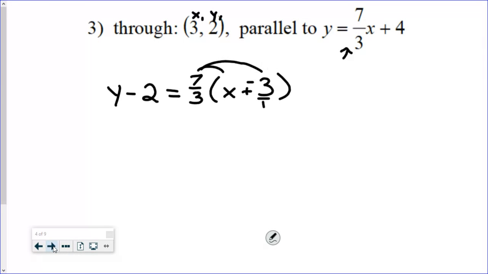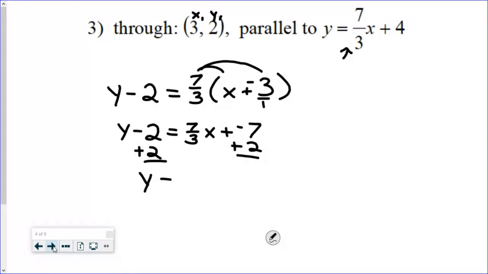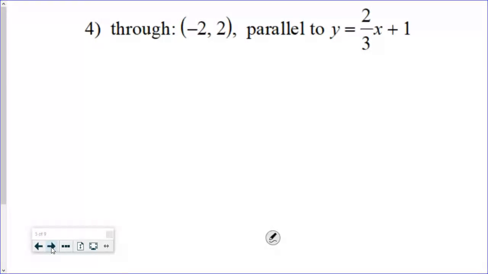Distribute. y minus 2 equals 7/3 times x plus, if you put that in your calculator, it becomes -21/3, which is actually just -7. And then I'm going to add 2, and I get y equals 7/3x plus a -5. Okay, so that's when we have parallel.